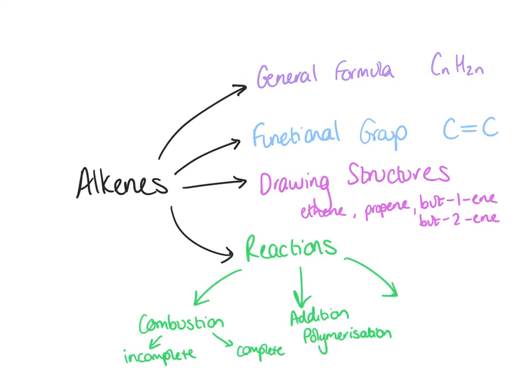And then finally we looked at the reaction with bromine water, and that can be used as the test between alkanes and alkenes. So that finishes off our alkene section of this topic, and the last section of this topic in the next video we'll look at alcohols and carboxylic acids.